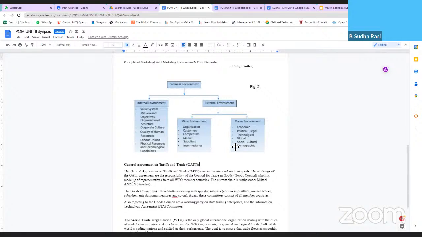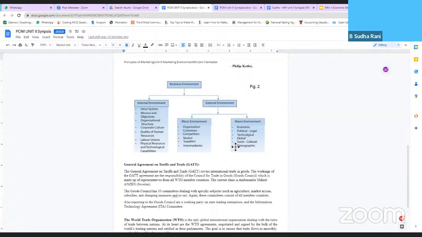So all the China companies faced a lot of problems because India stopped importing. That caused a lot of losses to the China companies. Similarly, the Indian companies dealing in China products were affected.